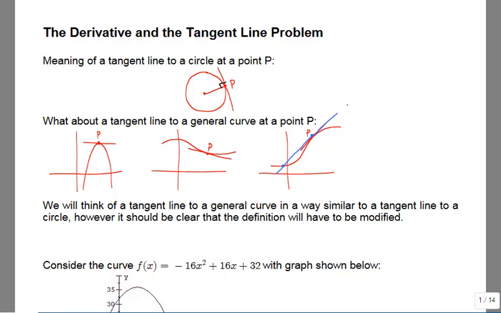So a couple of the qualities here that we want to maintain is that the tangent line should intersect only at P. And this, again, is assuming that we are in a small window near P. So if we were to extend our line out, it's okay if that tangent line would cross in other places, but close to P, it should only be intersecting once, right at P. And then another key property that we want this tangent line to have is that it should also fit the direction of the curve.